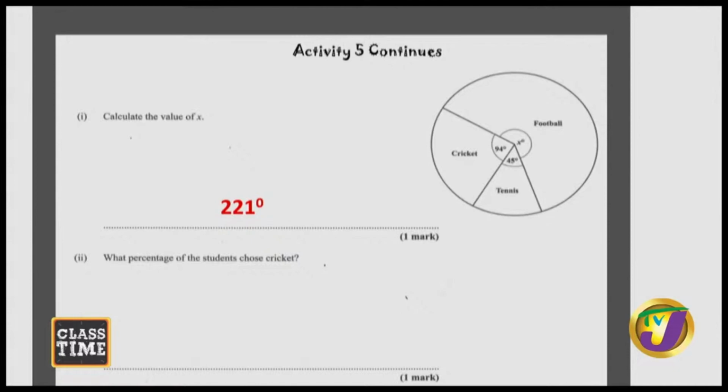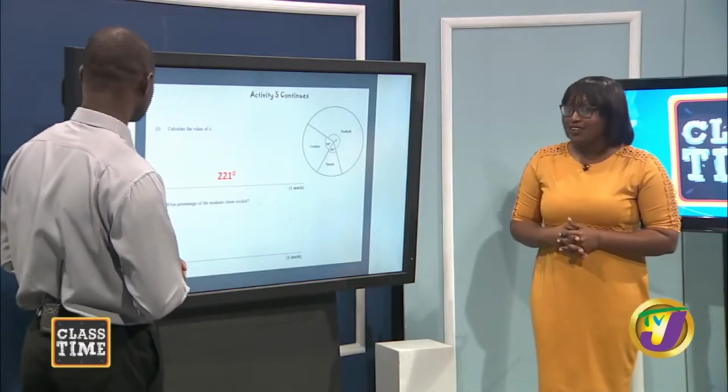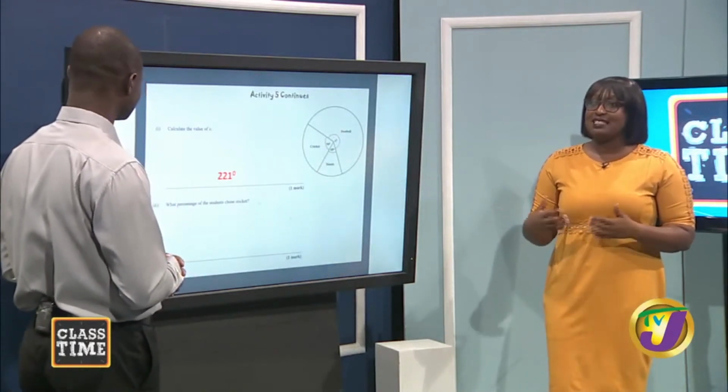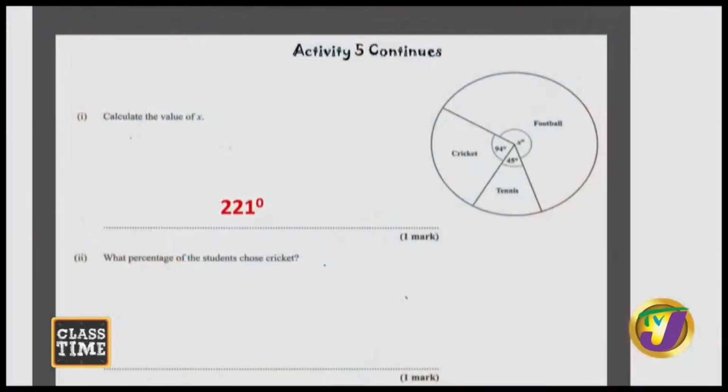So the fraction of persons that chose cricket is, in this case, 94 degrees divided by 360 degrees multiplied by 100. All right, look at that. The percentage that we're looking at is 26%.